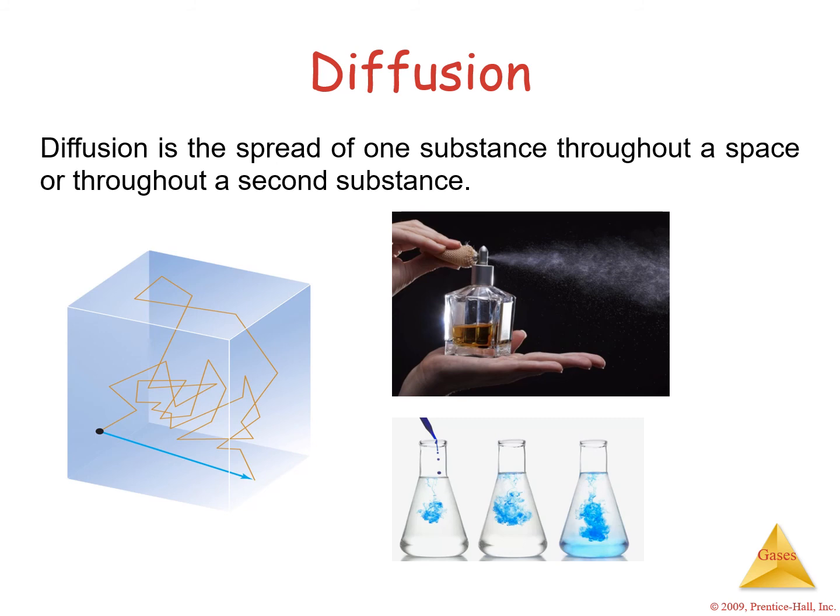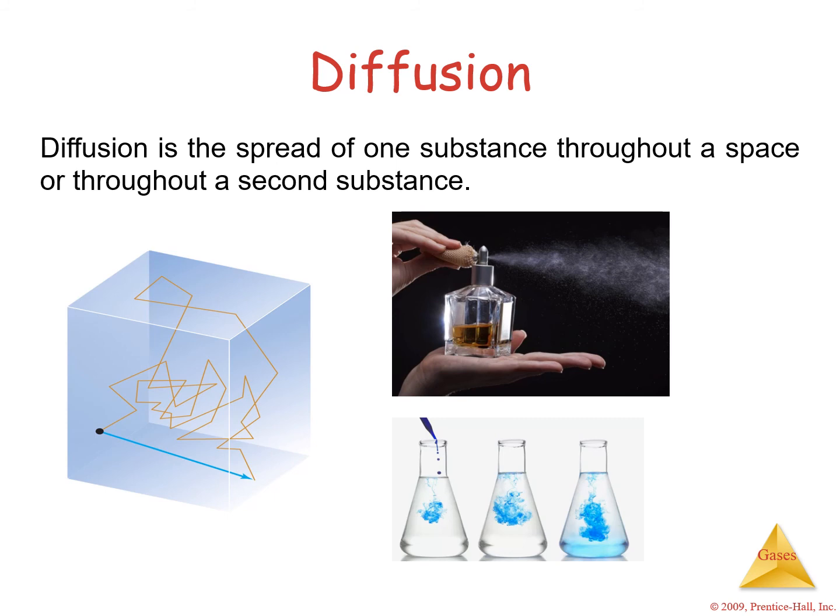The example of perfume I gave you is spreading in the gas state. But you can also have diffusion in a liquid state, and here in this little picture you have a picture of diffusion in process.